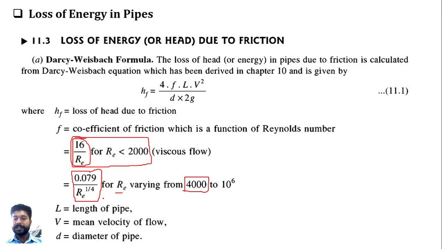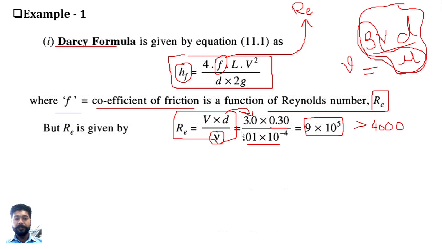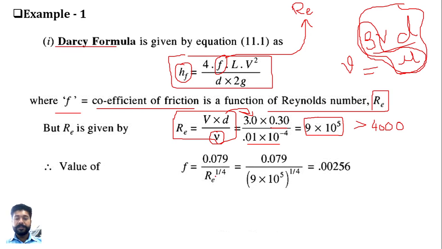So in this case, we need to use f equal to 0.079 divided by Re raised to 1 by 4. So put this value in.